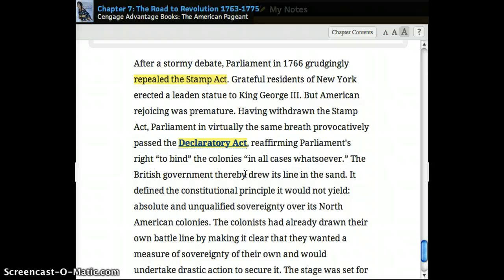Part of this is because of internal economic pressure that they're facing, but they do stick it to the colonies a bit by imposing the Declaratory Act, which means that they bind the colonies in all cases whatsoever. If the colonies thought that the protests and the Stamp Act Congress were going to influence Parliament, Parliament's basically saying it doesn't matter to us, because you are our subjects.